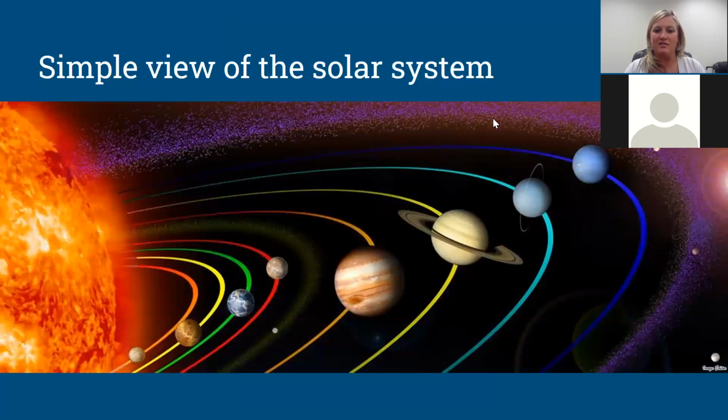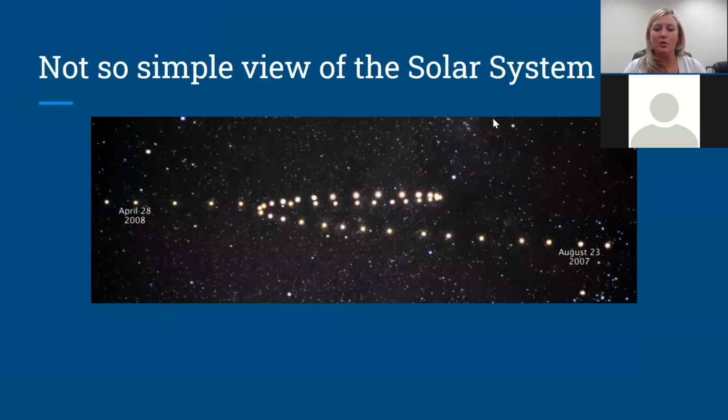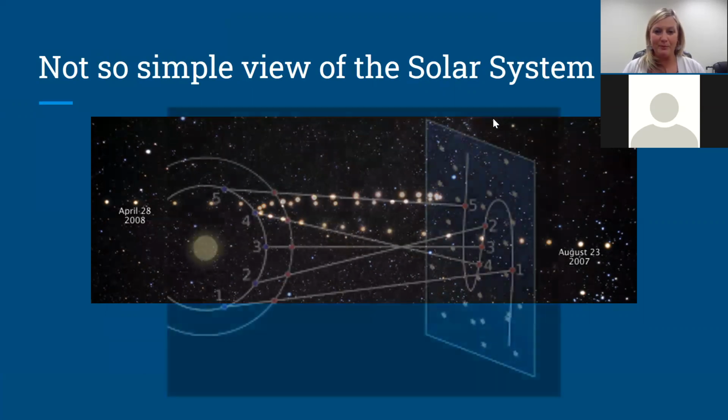If we take the analogy of the solar system, this is a simple view of the solar system. When our children start to learn about the solar system, we might start with something like this. And then as they get older and we're trying to explain and get a deeper understanding of the solar system, we might give them a visual looking like this, where they're getting more information to add to their understanding of not just the planets, but now exploring more of the solar system in general.